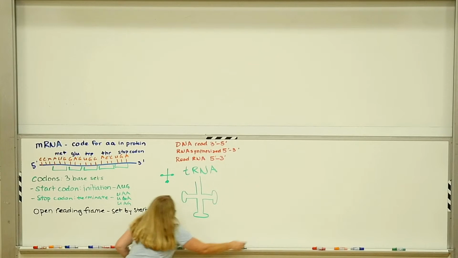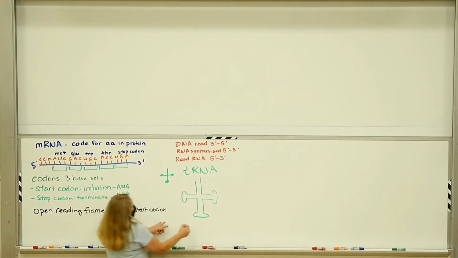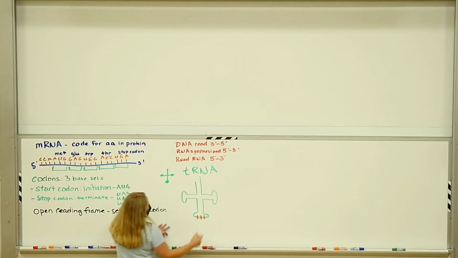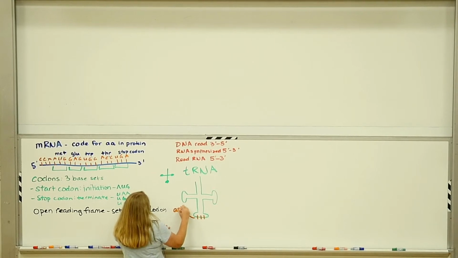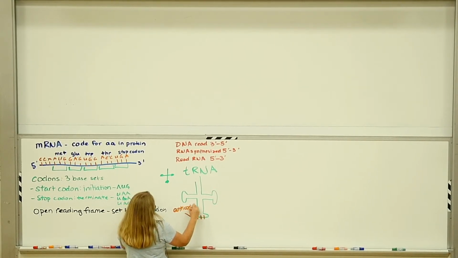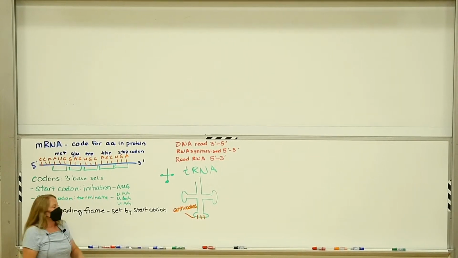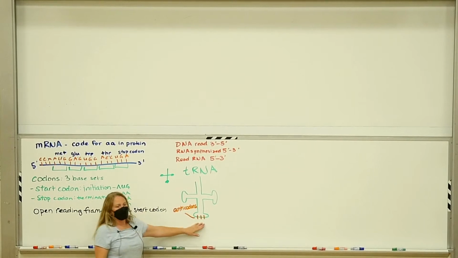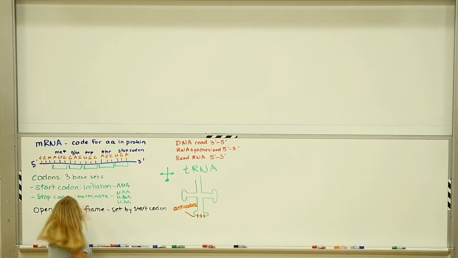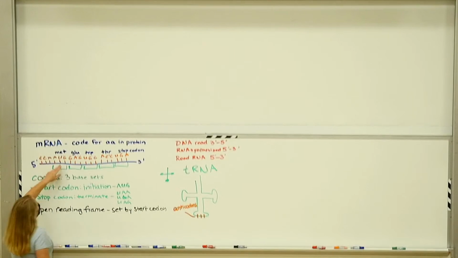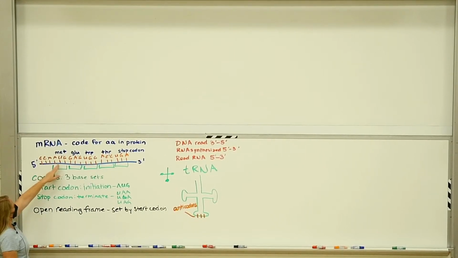What's important about this shape for us is that this bottom hairpin loop is going to have 3 bases on it. And these are anti-codons. So each tRNA has a specific anti-codon that's built into it. And that anti-codon is complementary to the codons. So if this tRNA was meant to pair with your start codon here, it would need complementary bases.